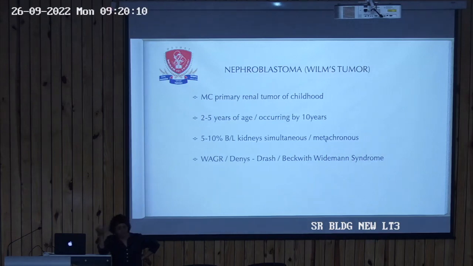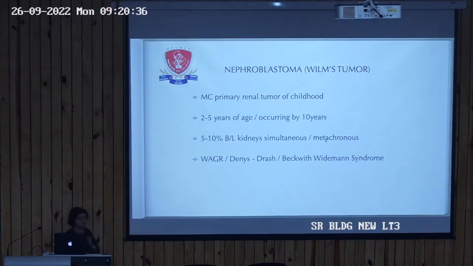And when 2 kidneys are involved and they have similar lesions in both, like the upper pole involved in both or the lower pole involved in both, it is known as synchronous. Syn means together, so both upper poles, both lower poles, or maybe the size of the lesion is the same. This is 5, this is 5. So this is known as synchronous. And metachronous is in the same kidney, at different locations. And it can be bilateral in presentation.